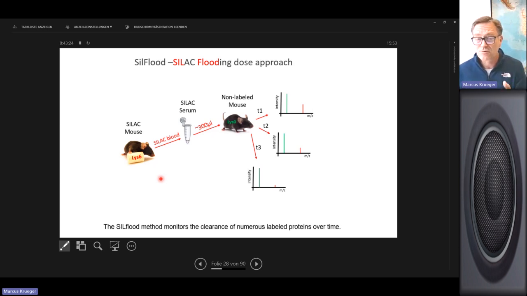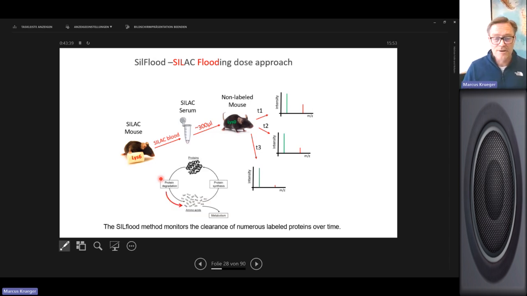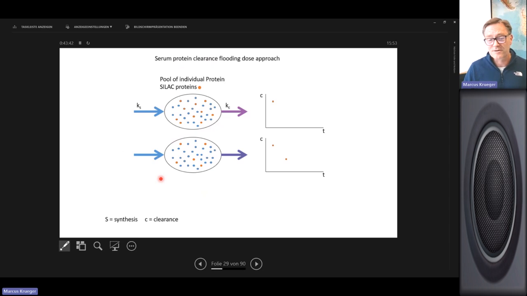This allows us to calculate how long a protein is present in the blood, and that gives us the half-life of the blood proteins in the serum or plasma. That's the theory behind that.